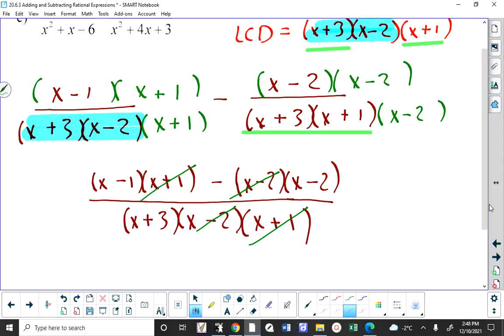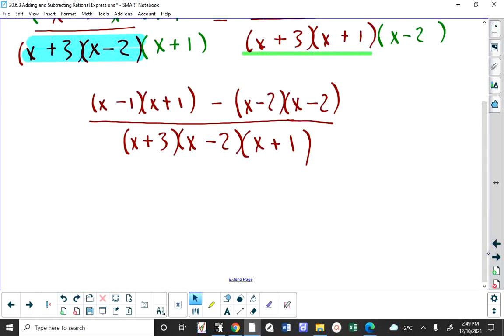Am I allowed to do that? No, because I'm not canceling a factor out of the top. You can't just blindly see something somewhere and the same thing elsewhere and go, oh, well, I'm just going to get rid of it. That x plus 1 is not a factor of the top, neither is the x minus 2. In order to find out what the factors of the top are, I've got to multiply out all of that top, crunch it down to a single simplified expression, then factor that.